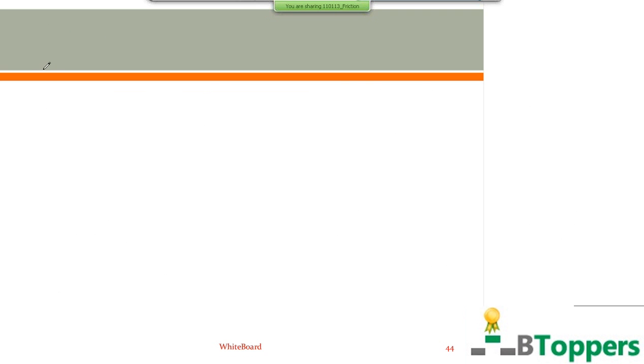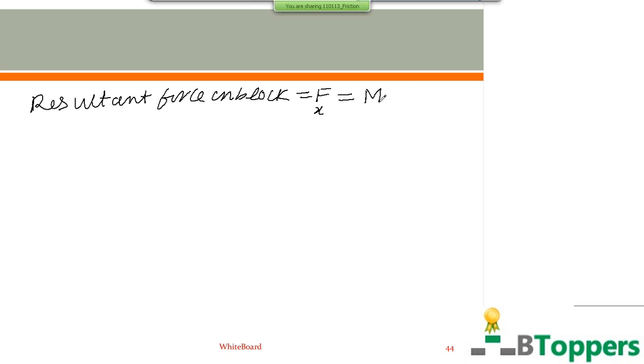So when the block is sliding down the inclined plane, you can write the resultant force on the block down the inclined plane, which is the x component of the resultant force, as the magnitude of the component mg sin theta, which acts down the inclined plane, minus the magnitude of kinetic friction, which opposes the motion of the block.